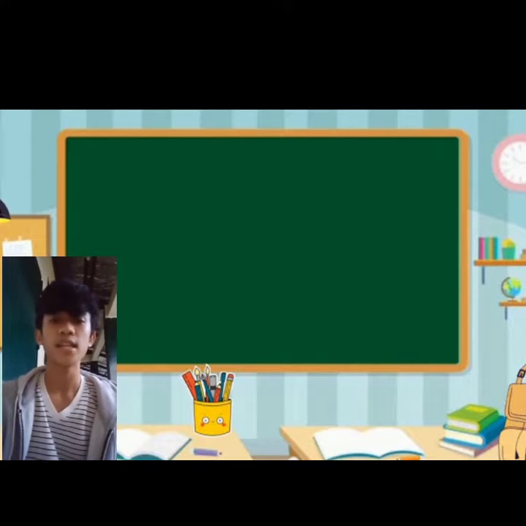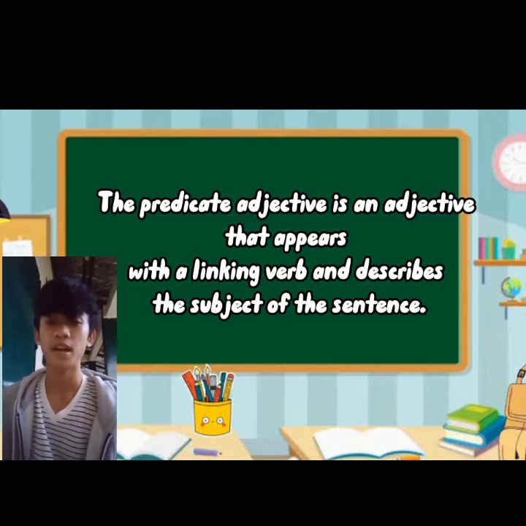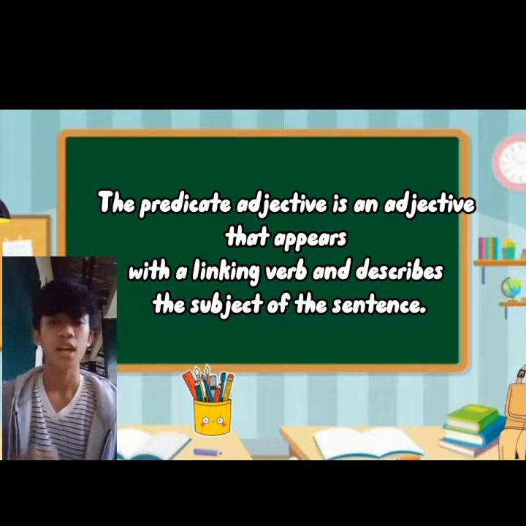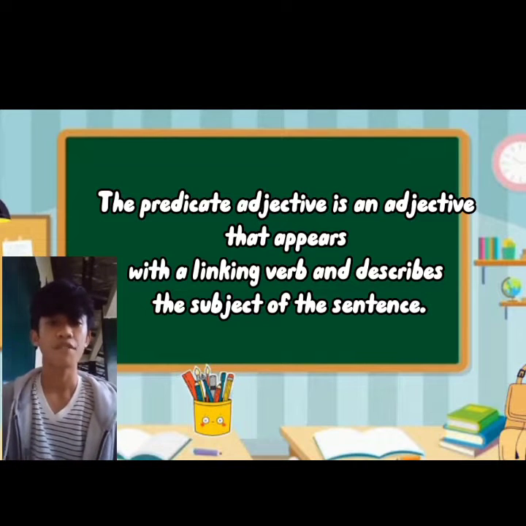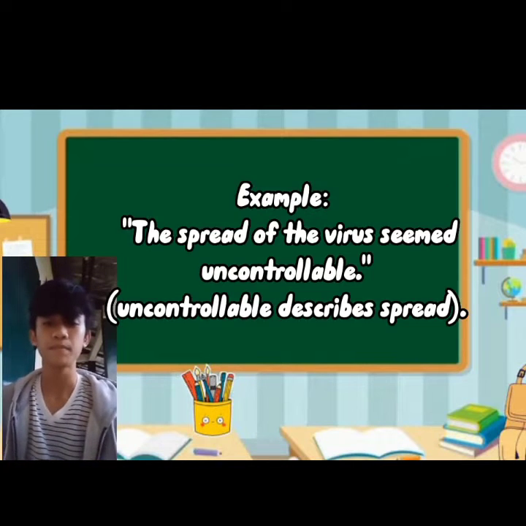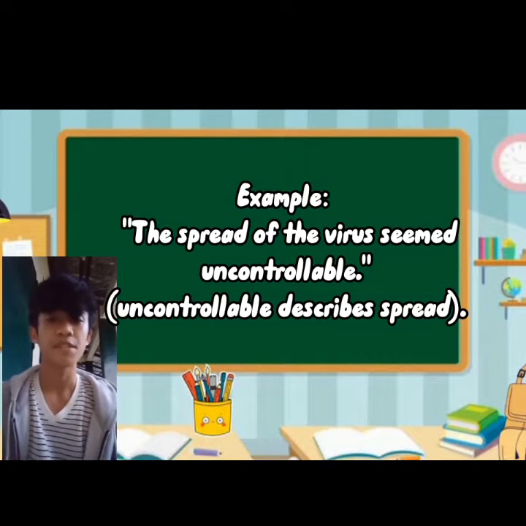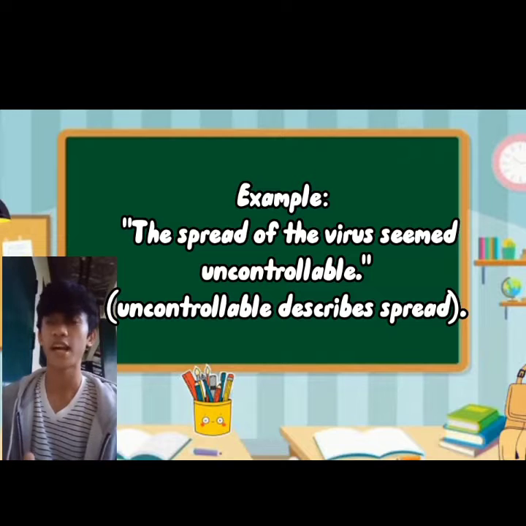And the next is the predicate adjective. This is an adjective that appears with a linking verb and describes the subject of the sentence. Example: the spread of the virus seems uncontrollable. So, uncontrollable describes the spread of the virus.